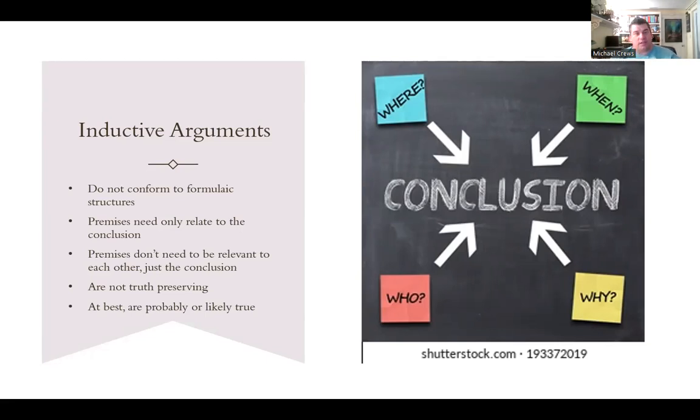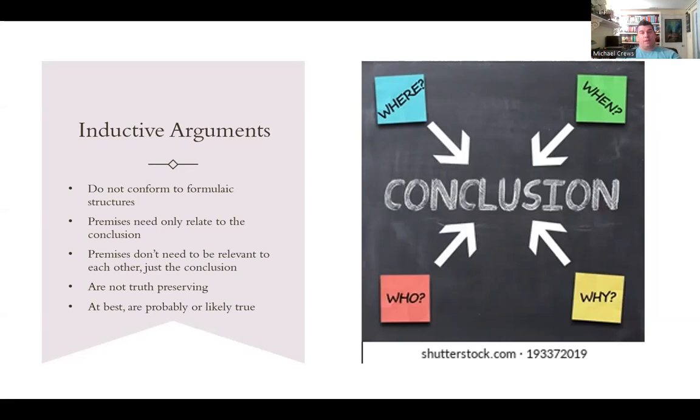So essentially, we have to keep in mind that as long as the premises get to a conclusion, we're using this inductive method, okay? They're not truth preserving because that interrelationship isn't there. We're not saying they're preserving a truth. At best, they're probably true, which I know kind of sounds weird, but it's the best claim we can make on inductive arguments.